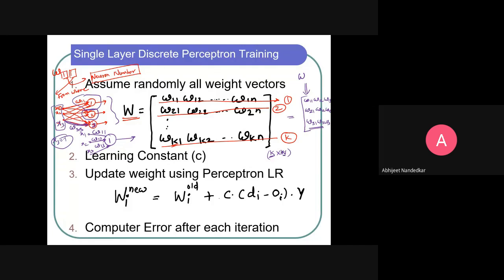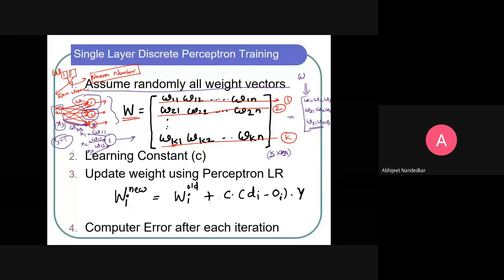Generally we represent it by small letters. So the first step is to randomly assume weights for each neuron. We don't know the solution, so straightaway we randomly assume one.